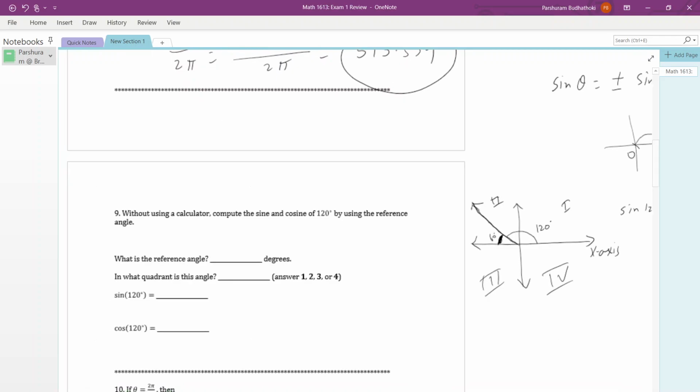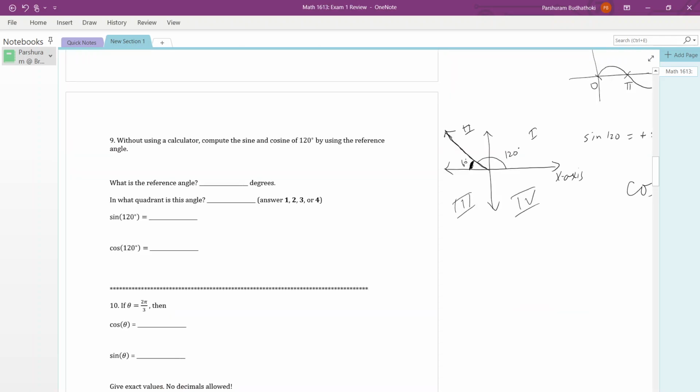Sine 120 is square root of 3 over 2, and cosine 120 is negative half, and that is possible because of the reference angle. The reference angle is 60 degrees, and in what quadrant is that angle? It's in the second quadrant. By looking at this graph, you can say that.